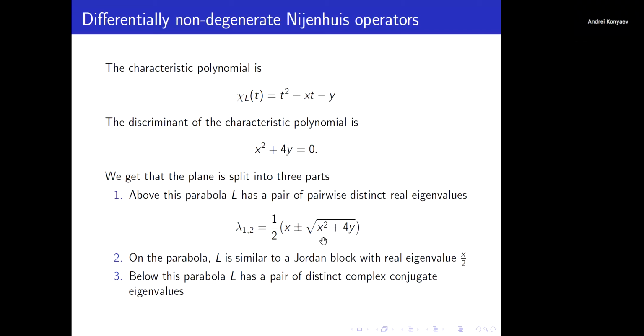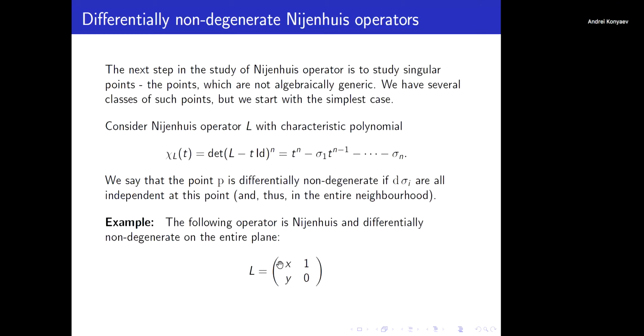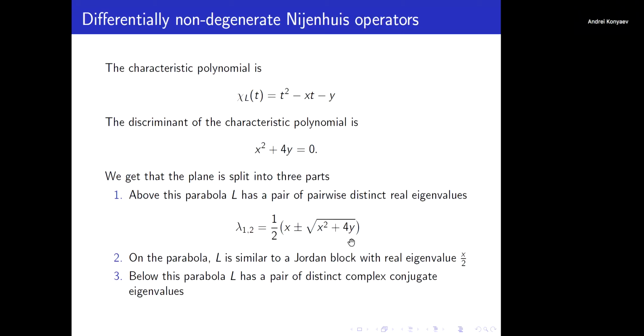So we see that these eigenvalues are defined, and this is important, because in regular geometries, what we did was take eigenvalues to be coordinates, or our eigenvalues were functions of the coordinates. Remember that, like in diagonal form, if I take this operator and bring it to the diagonal form, then each function will depend on its own coordinate. But here we see that these eigenvalues do not exist everywhere. So this operator is diagonalized above the parabola because we have these functions.